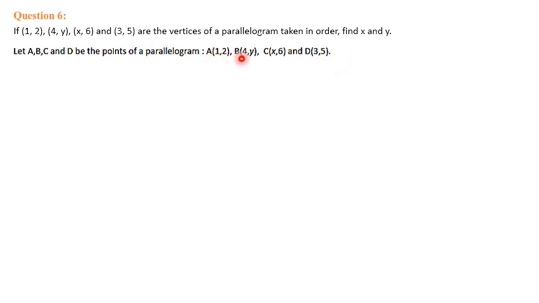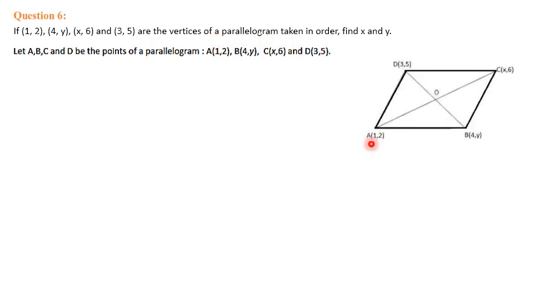Here if you join A, B, C and D, you will get a parallelogram. That is a condition. So let us visualize that. Just draw a parallelogram and plot the points A (1, 2), B (4, y), C (x, 6) and D (3, 5). Make sure that these 4 points are in order. That is the condition given to you. It should be in order A, B, C and D.